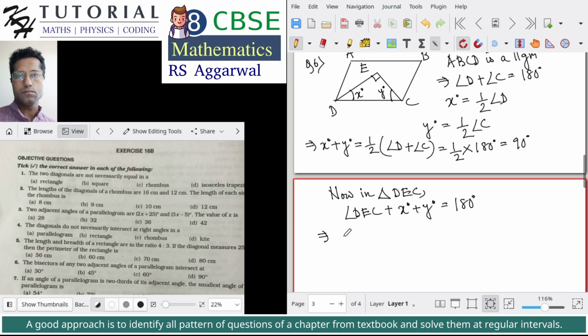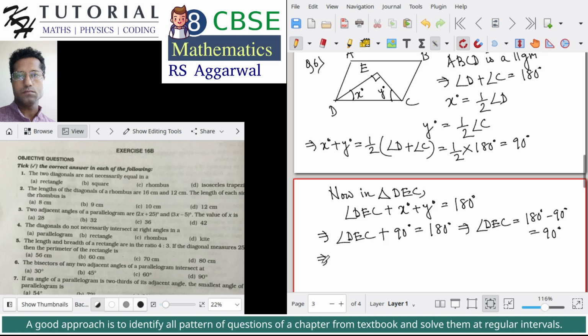This implies angle DEC plus x plus y, which has been found to be 90 degrees, equals 180 degrees. So this implies angle DEC is equal to 180 degrees minus 90 degrees, which is equal to 90 degrees.